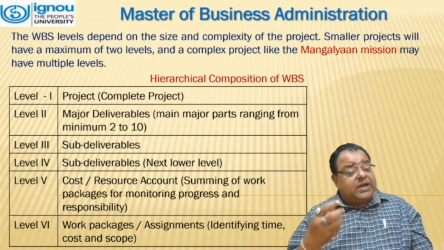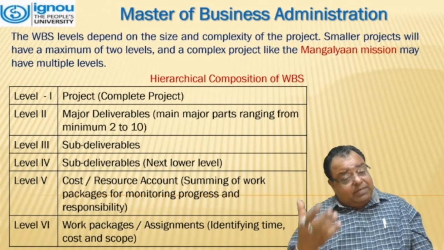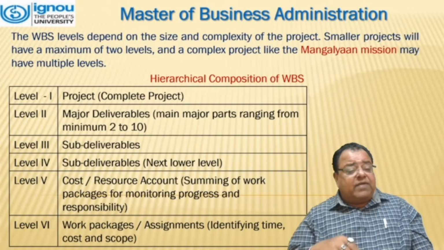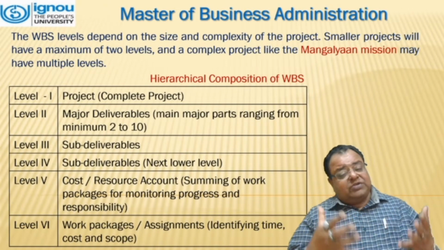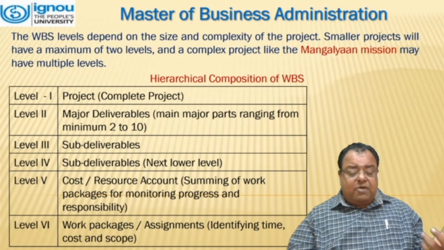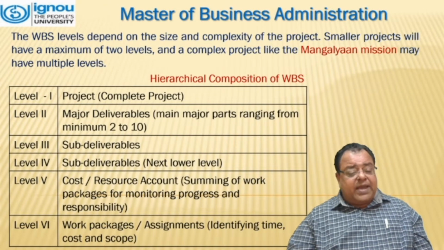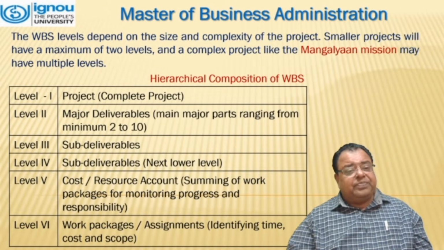Level 2 is major deliverables. Level 3 is sub deliverables. Level 4, sub deliverables, that means below that. Level 5 is cost resource account, which includes summing of work packages for monitoring progress and responsibility. Level 6 is related to work package assignments.